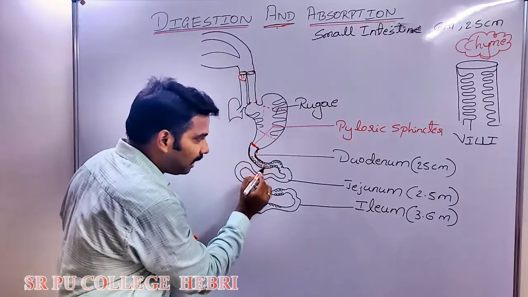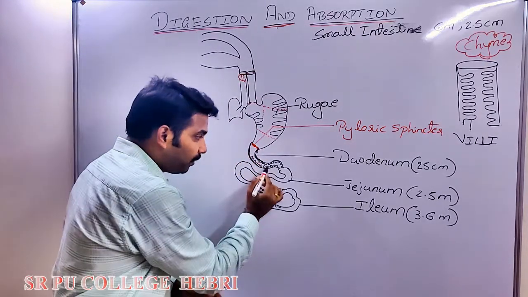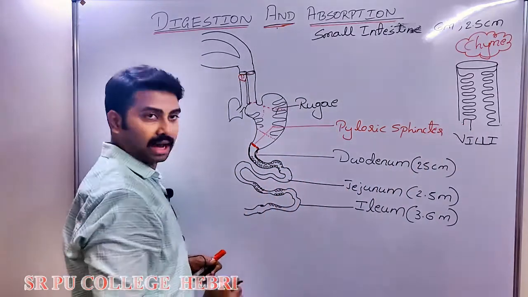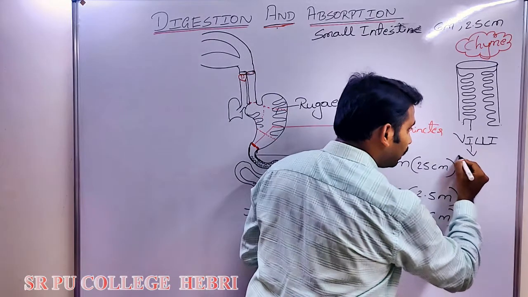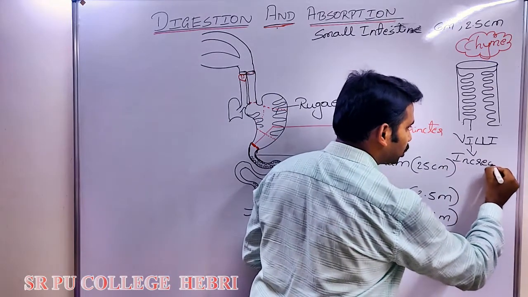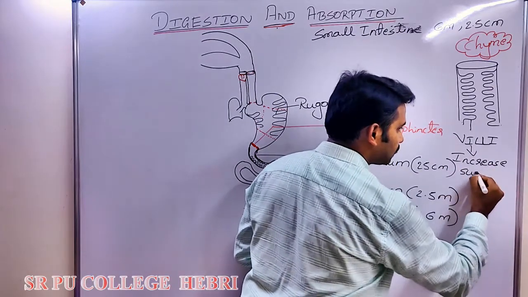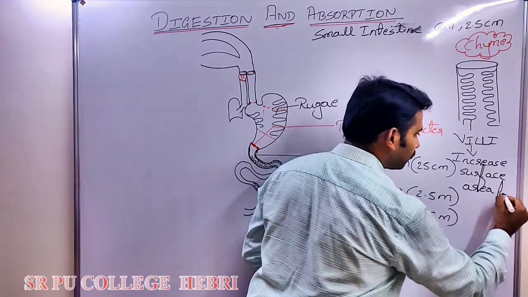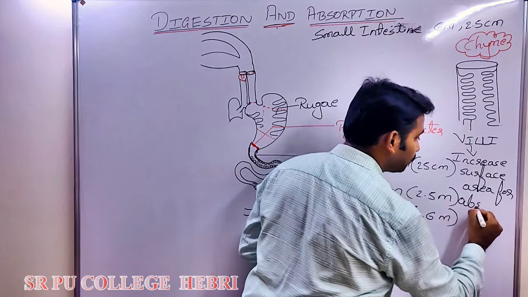But the finger-like structures, not foldings, finger-like structures called villi, which are present in your small intestine, right? They increase, 1 mark question, increase surface area for, write down, absorption.